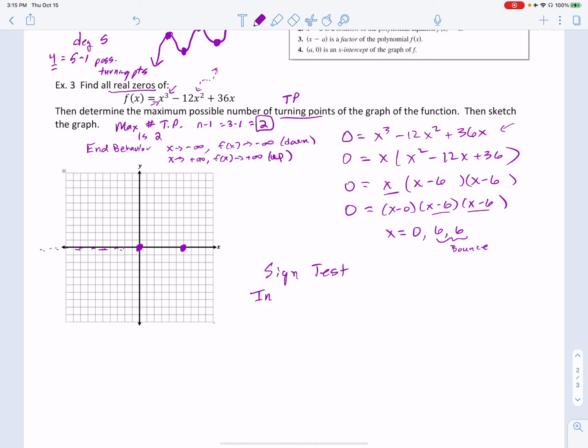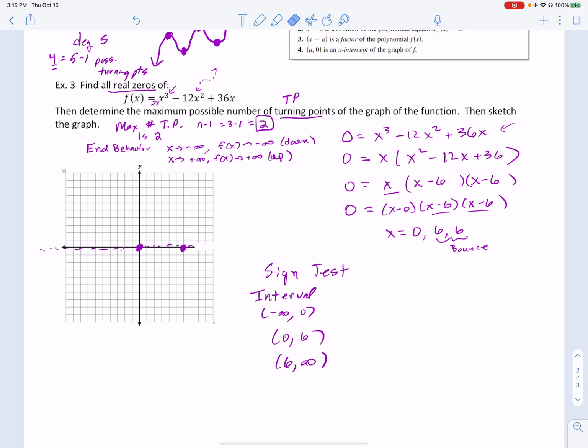My first interval is from negative infinity to that x value of 0. My second interval is between those two zeros, from 0 to 6. And my last interval starts at 6 and keeps on going to positive infinity.